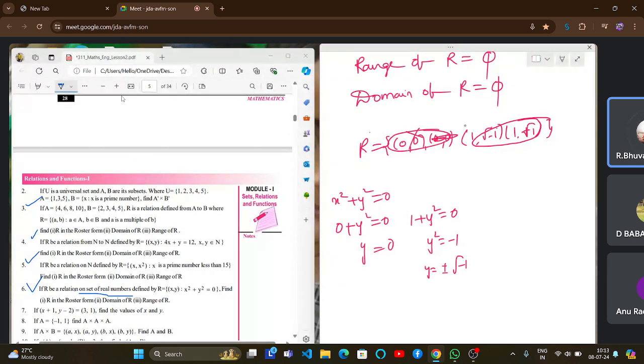That's why in the roster set empty elements, empty ordered pairs. Okay, that's why here range and domain are always empty sets. Clear?